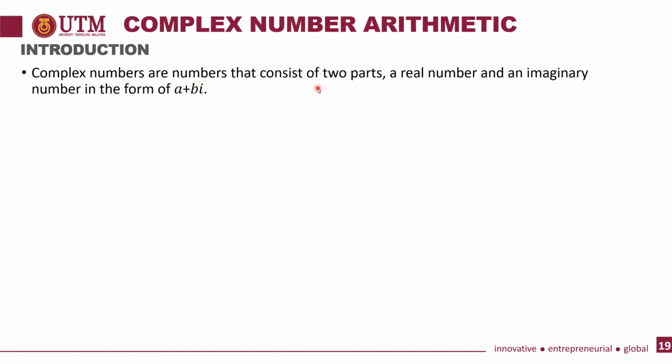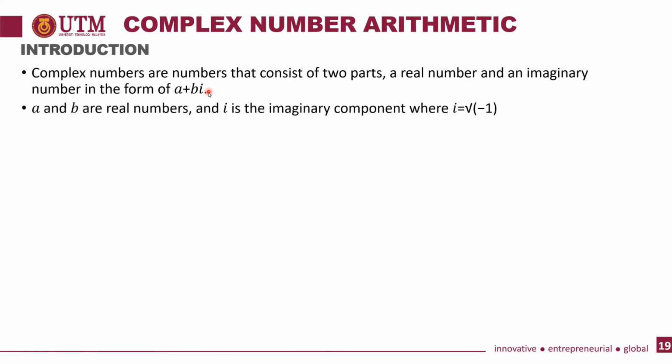So, complex numbers are numbers that consist of two parts, a real number and an imaginary number, in the form of a plus bi, where a and b are real numbers and i is the imaginary component, where i is equal to the square root of -1.